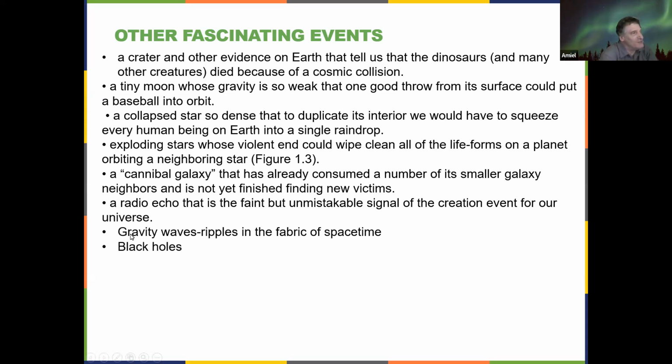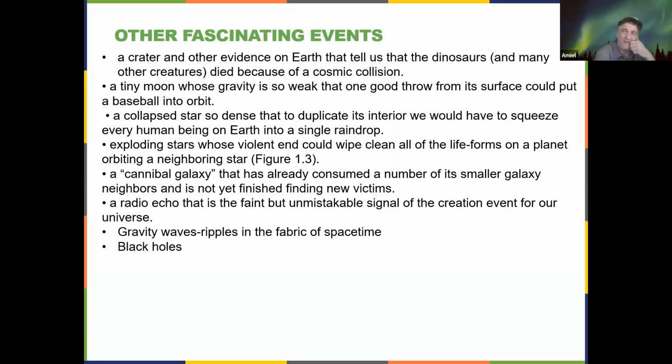This next to last bullet is an absolute revolution in astronomy, a new kind of wave, which was predicted by Einstein in 1915, discovered 100 years later after he predicted their existence.